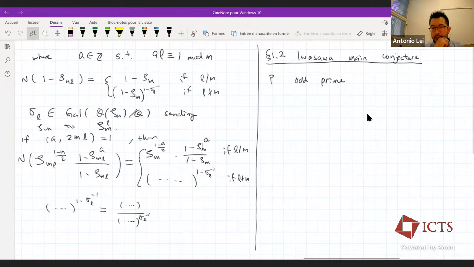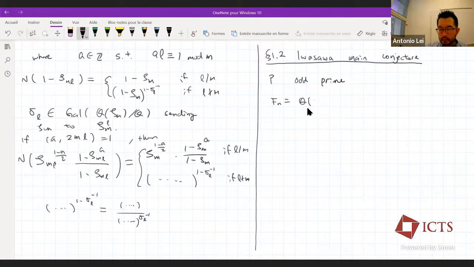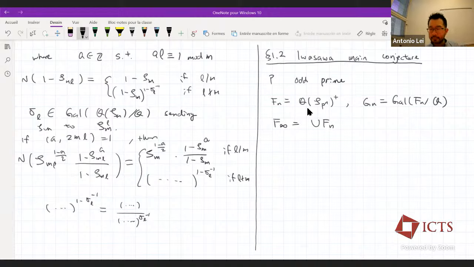Okay, right. So now, P will be an odd prime. I will look at this totally real field that I have mentioned earlier, and I will write Gn for the Galois group of this extension. And I am interested in the union of all these extensions.